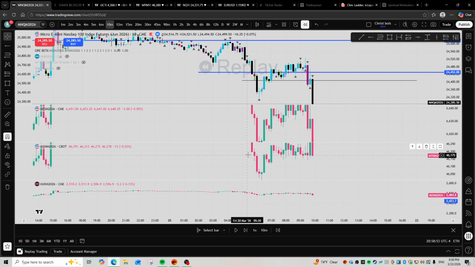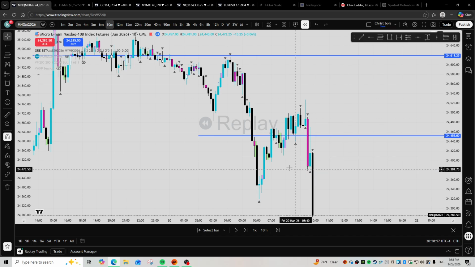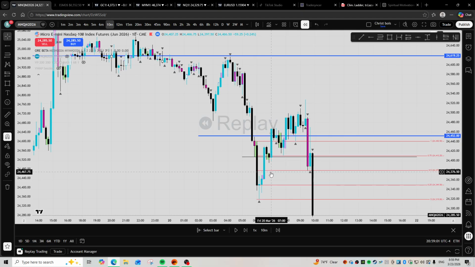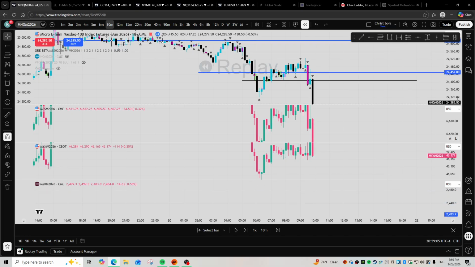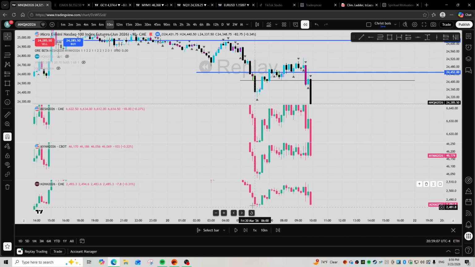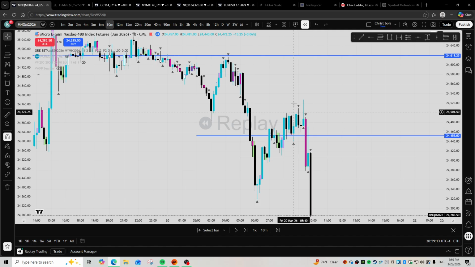It likely does. Yeah, it does right here. So boom, SMT. Price does not retrade back into discount. From there, it fails, and then reverses.